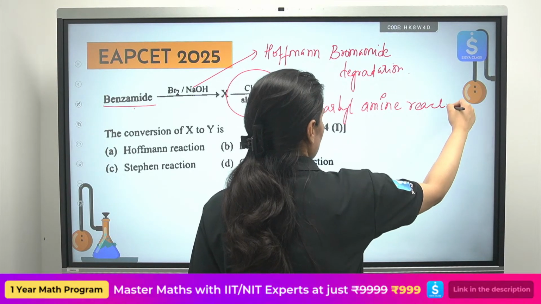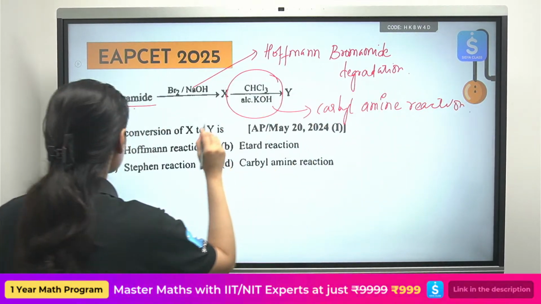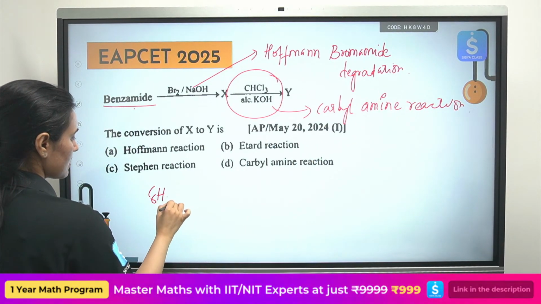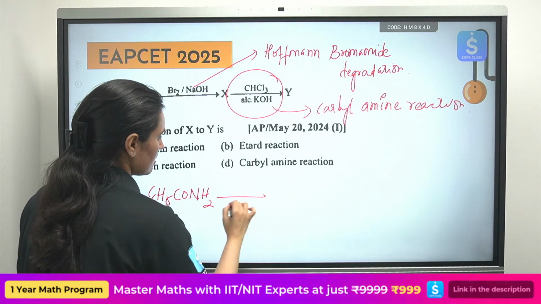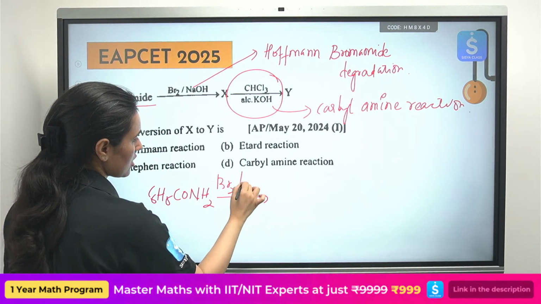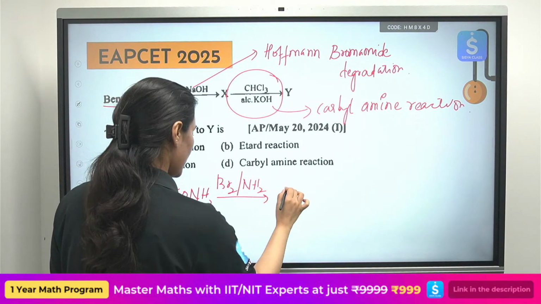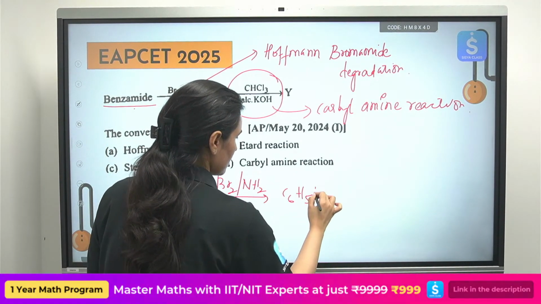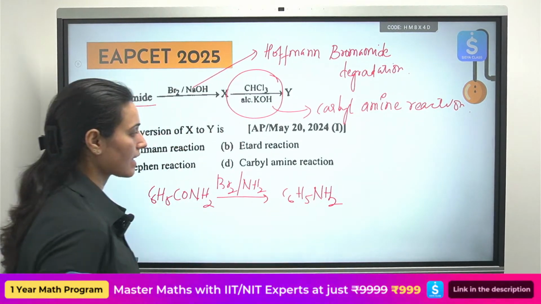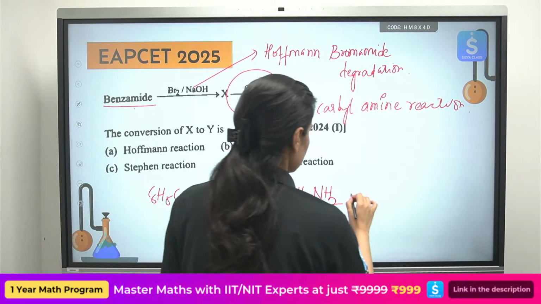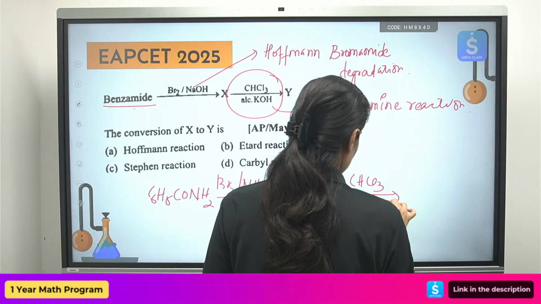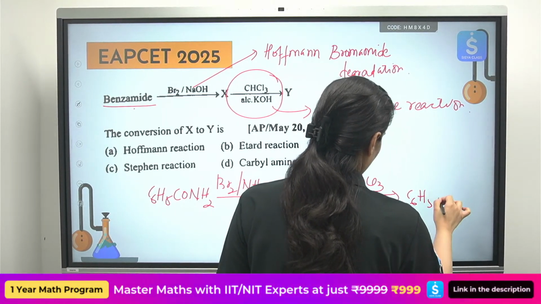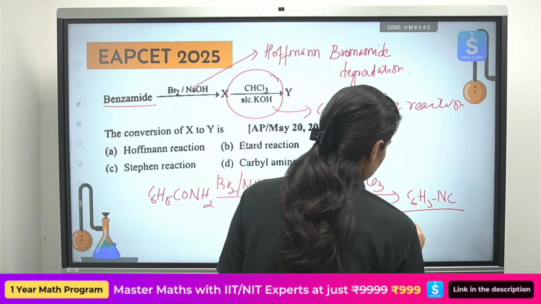That was the entire question, but I will write the entire reaction as well. C6H5CONH2, benzamide, Hofmann bromamide degradation, aniline, 1 degree aromatic amine, isocyanide, foul smelling compound.